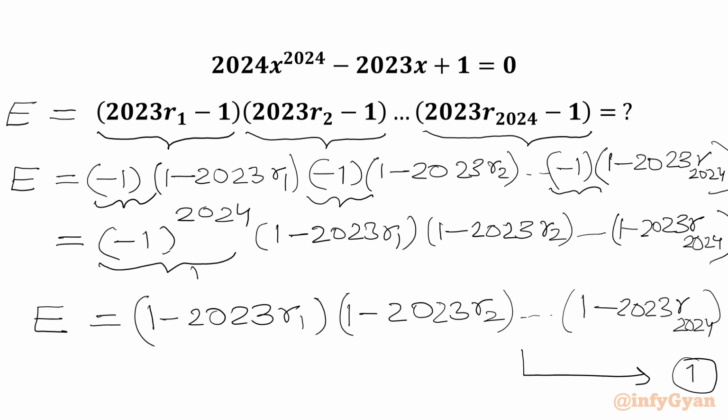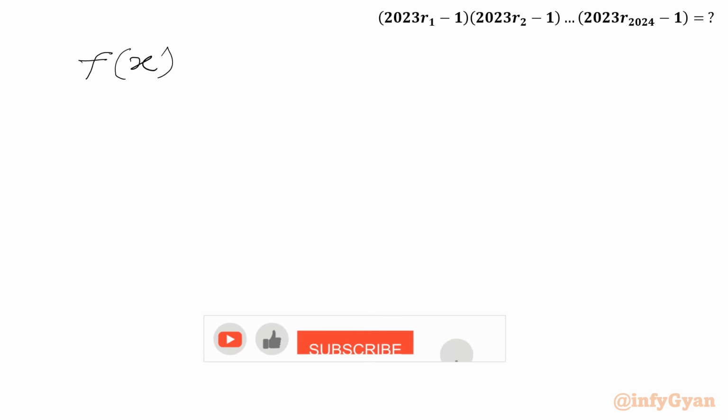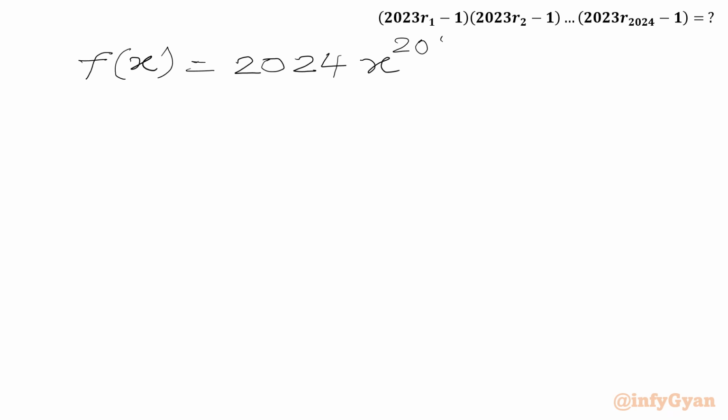Now we are going to consider f(x), whose roots are R1, R2, R3 up to R 2024. Let me write here f(x) equal to 2024 x power 2024 minus 2023 x plus 1.